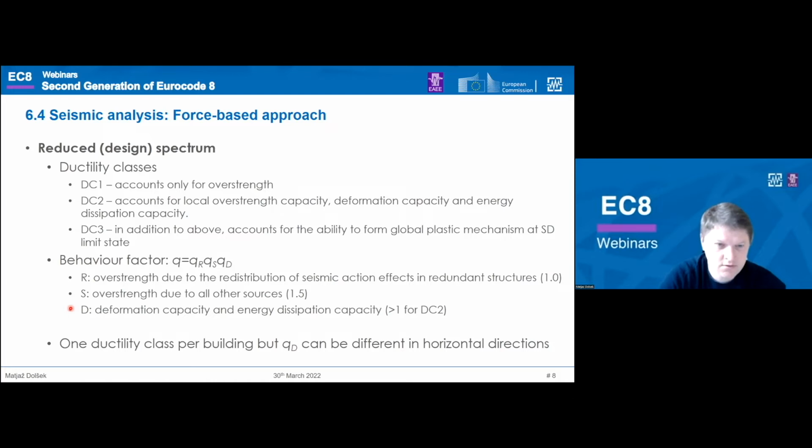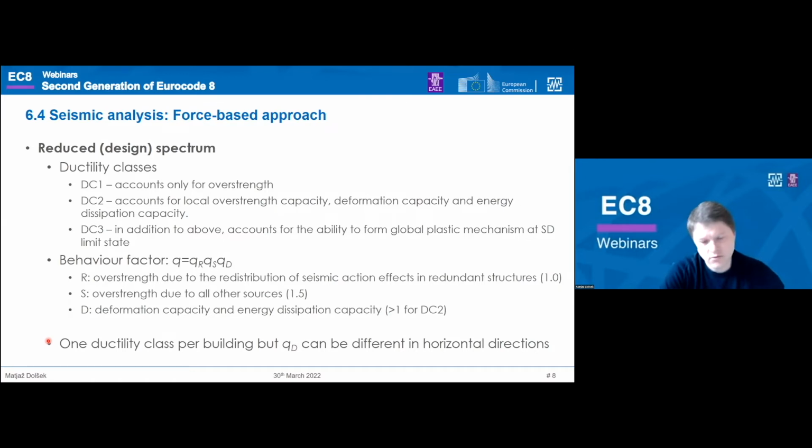Of course, this is because we are verifying the structural performance for the return period of 475 years in the case of buildings of ordinary importance, consequence class 2.